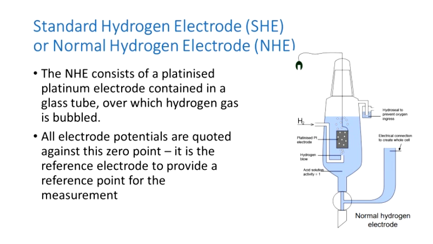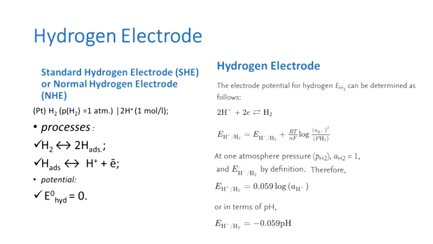Standard hydrogen electrode, it is the main reference electrode. It consists of platinum, which is placed in acidic solution, with concentration of hydrogen ions 1 mole per liter, and hydrogen gas is bubbled through this solution. Pressure of hydrogen is equal 1 atmosphere. Potential of this electrode is taken as 0 at any temperature. Let's compare hydrogen electrode and standard hydrogen electrode.